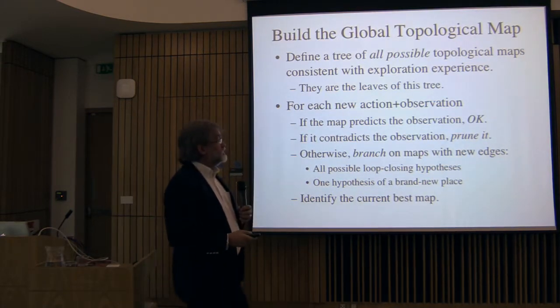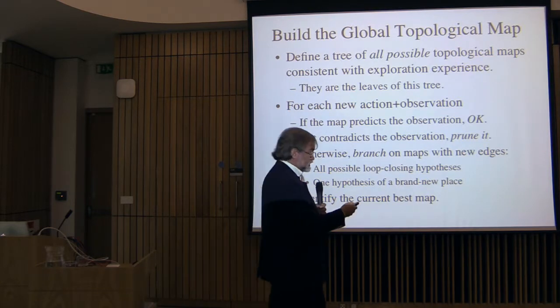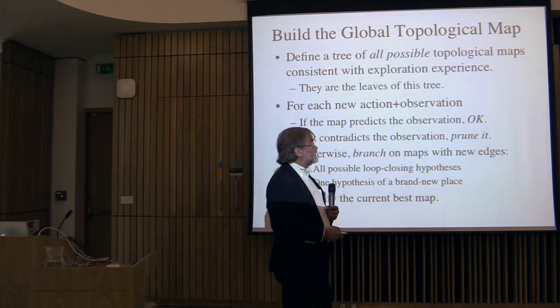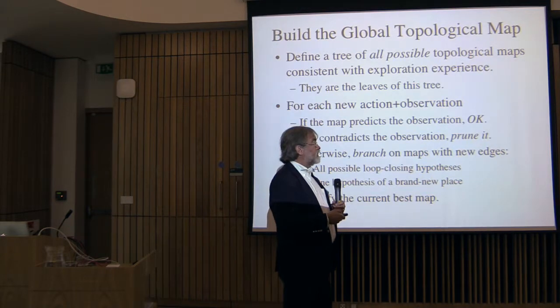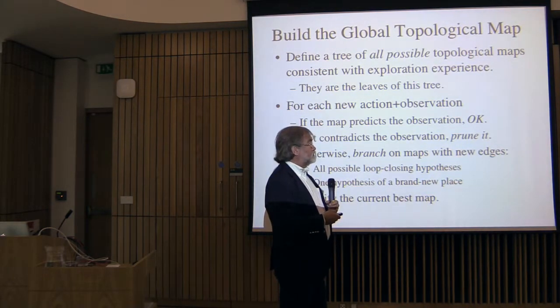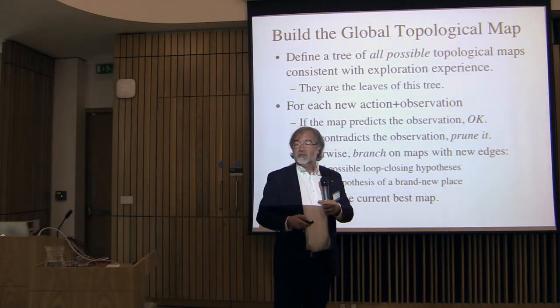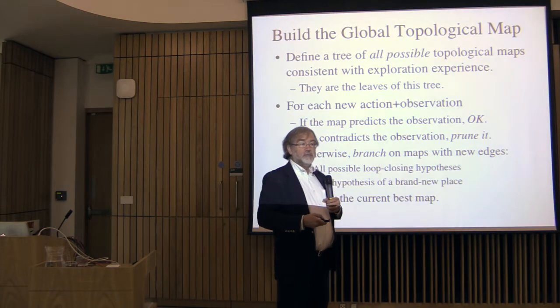Now, I'm not going to go through this in detail, but this does actually present the algorithm. Every time you get a new action and observation, if it's already predicted, fine, your map is doing great. If the map contradicts the observation, you prune it, and that shrinks the tree.